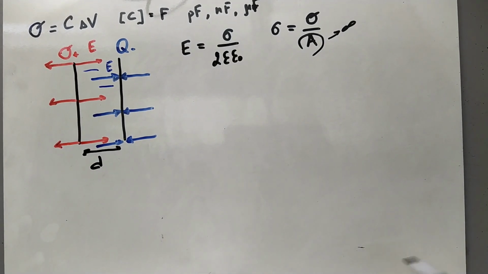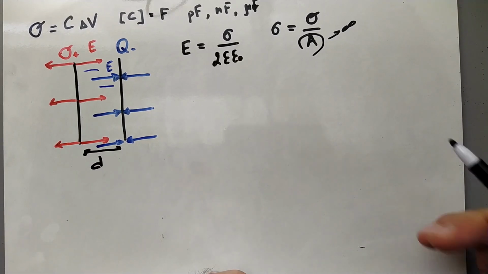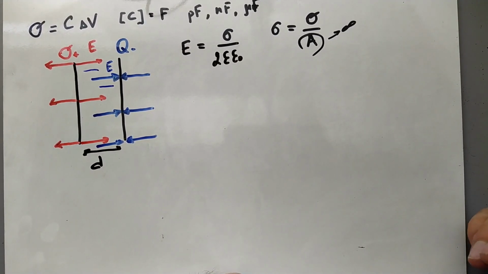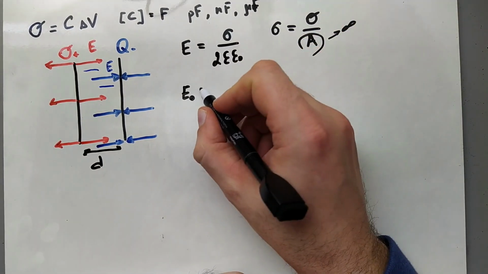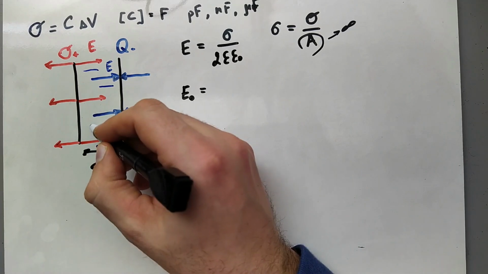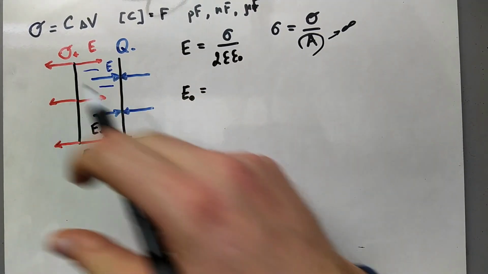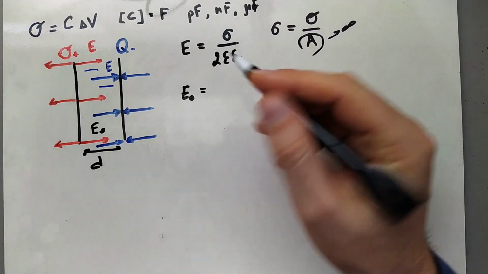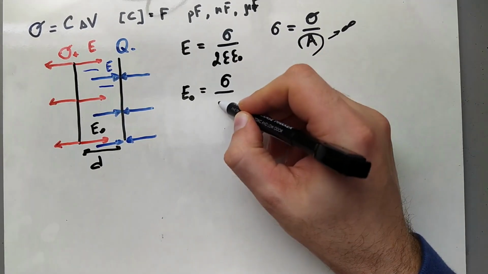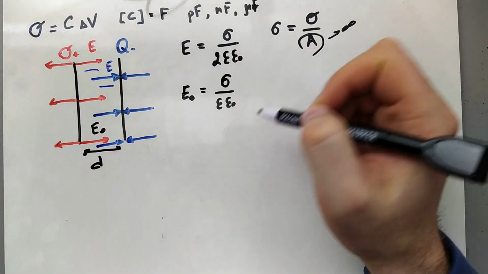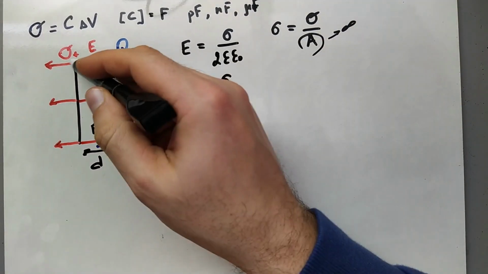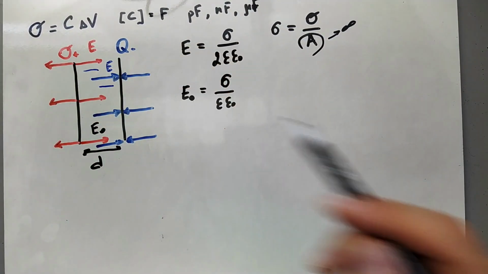What it means is that our net electric field will be twice larger than it would be with just a single plate. So let's denote this as E naught. So the net electric field inside the space between the two plates will be equal to sigma divided by epsilon naught.